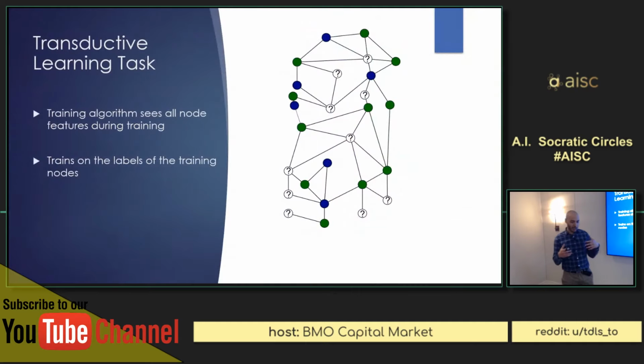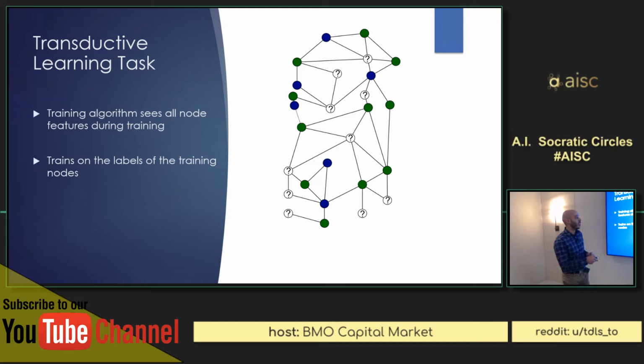So there are different types of node classification learning tasks. I'm going to cover two because that's what the authors of the paper used to test their model. First is the transductive learning task. In this task, the learning algorithm is given the complete graph. It's given all the features of all the nodes on the graph, but it's only given part of the labels of each node.